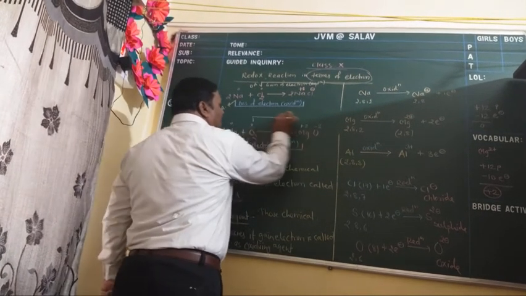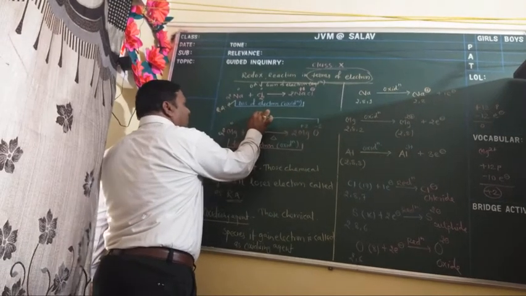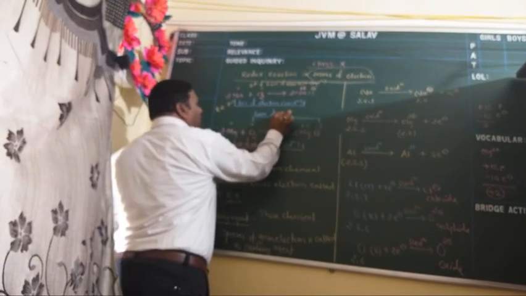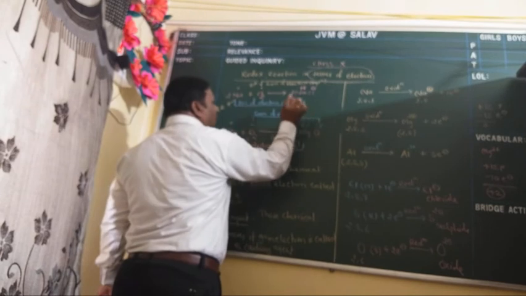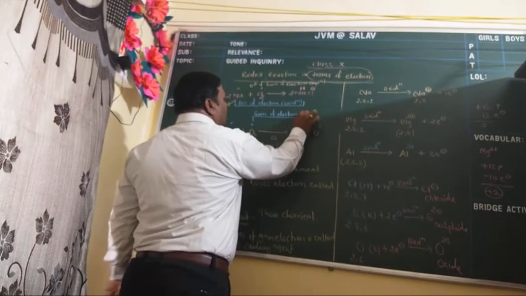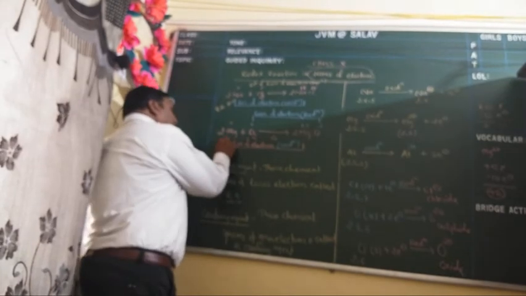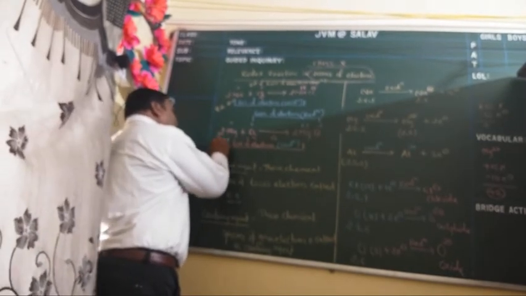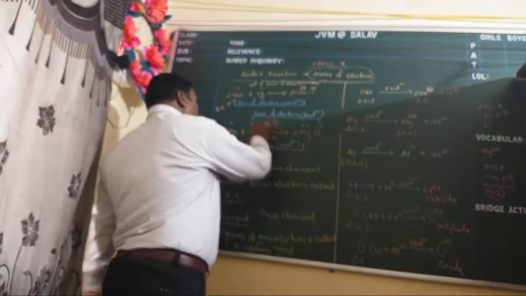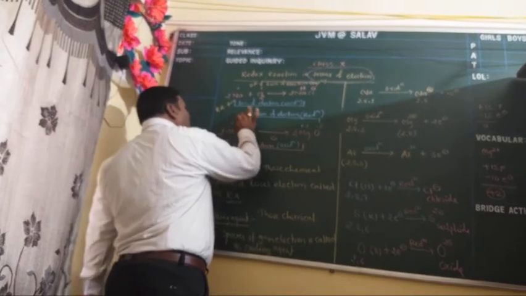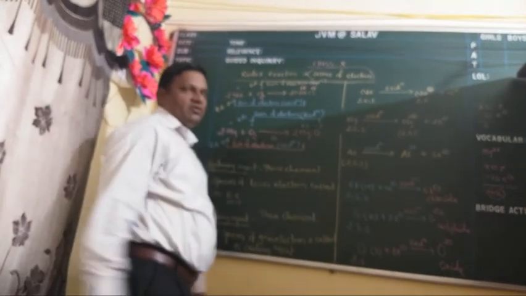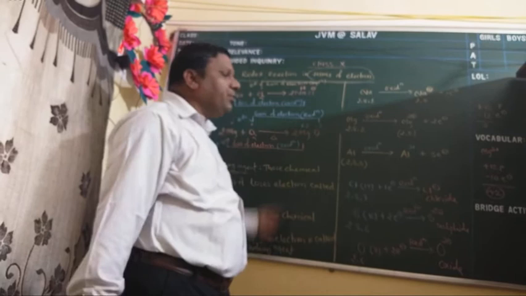And oxygen is gain of electron, that is a reduction. Understood? So magnesium acts as a reducing agent because it is oxidized, and oxygen acts as an oxidizing agent. Understood? So this is a very simple concept.